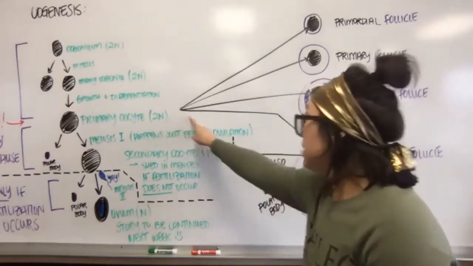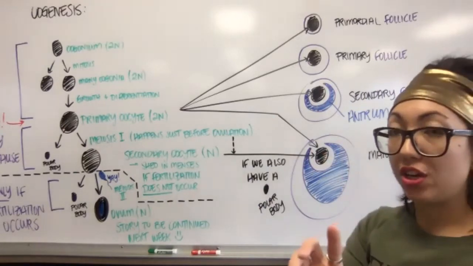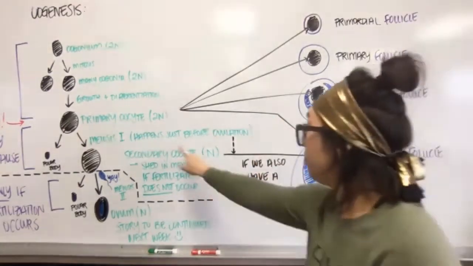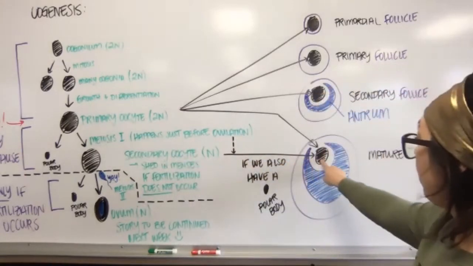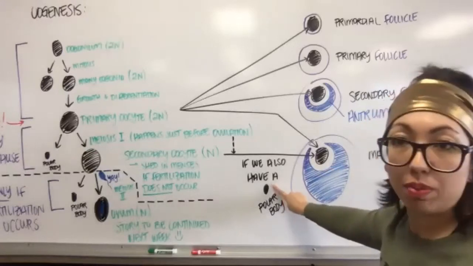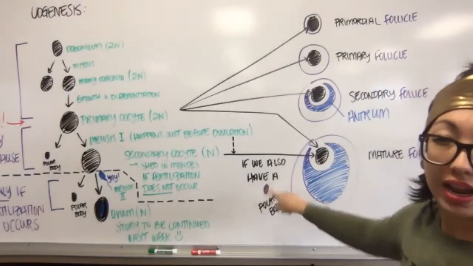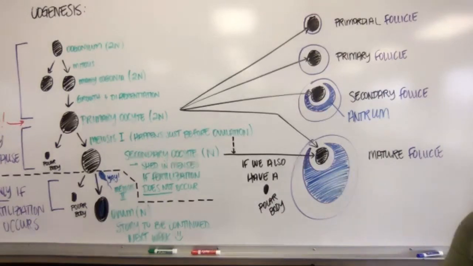It starts out as a primary oocyte, but then right before ovulation, it'll go through meiosis 1, and then we would have a secondary oocyte plus a little polar body, and that's that note I have right there. Does that make sense to you guys, that little part right there?